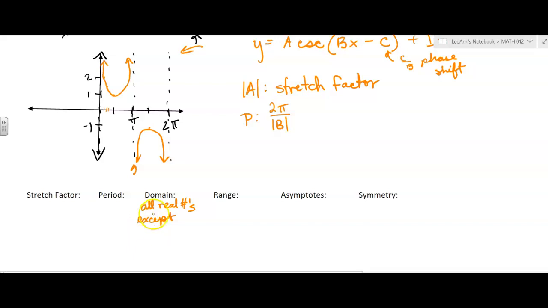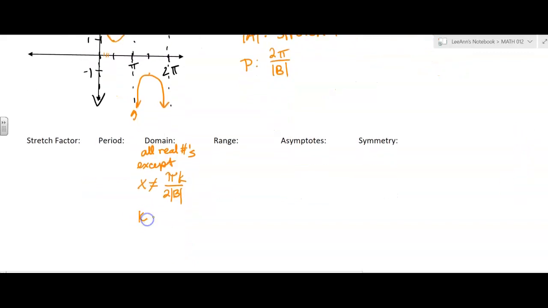So it's going to be all real numbers except when x cannot equal pi k. Oh, I have to take into consideration if the period changes. Okay, and k this time is just an integer. So that's the difference, where those asymptotes are for the cosecant compared to the secant curve, okay?